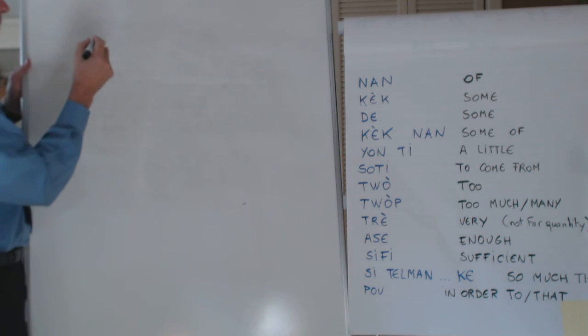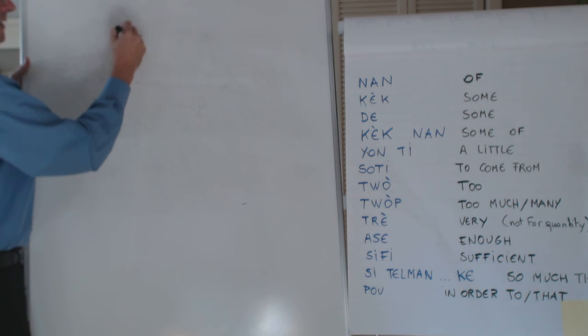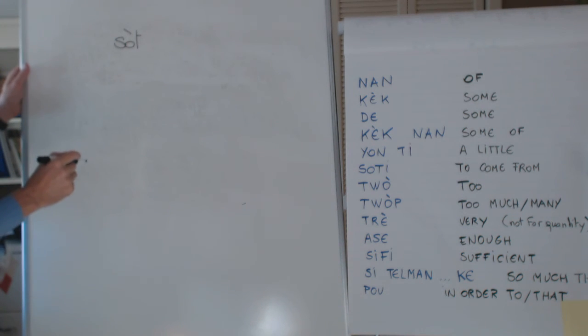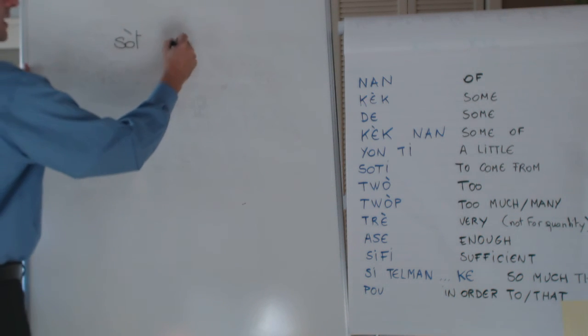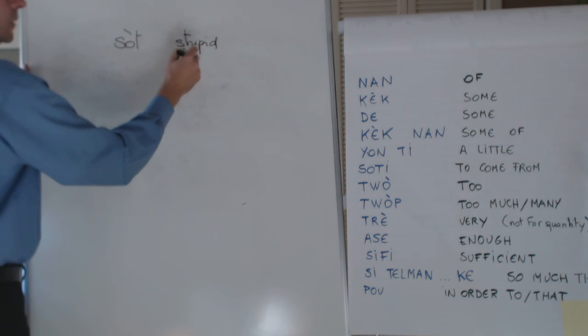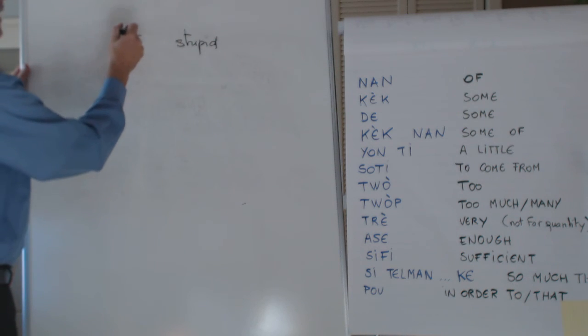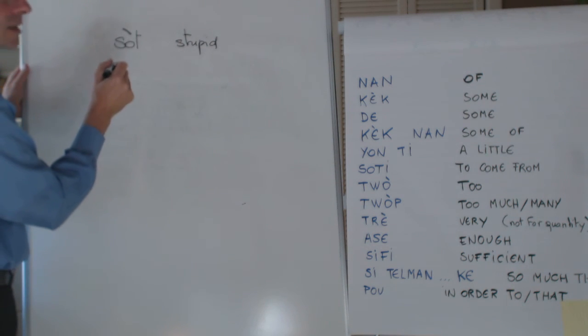Now, be very careful of the false friends. For instance, if you say "sot," what does it mean? Well, it means stupid. And stupid when it comes to a person, so it might be insulting. So we have the accent ot, sot.